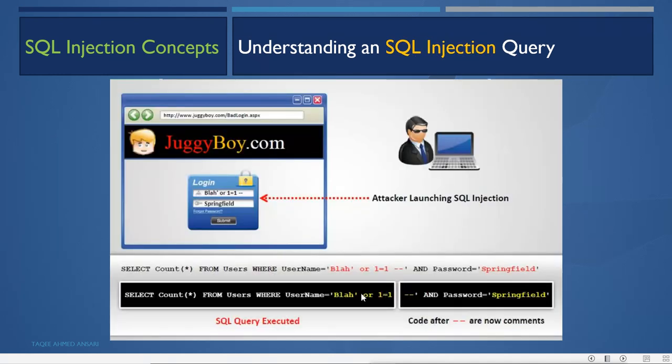It is saying the username is this and the password is what? 1 is equal to 1, which will always be true. So this query will be executed on the database, and the database server will return the result as true. When the result is true, the application feels that the authentication is successful, and it will log in with the previous user account, the last login account, or if the username is right, it will log in with that username.